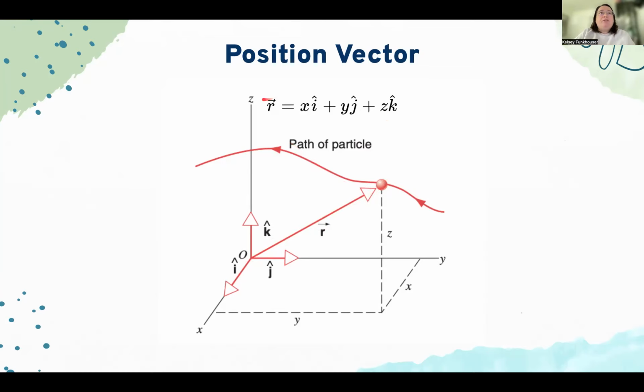It's also written in unit vector form up here, where r equals x times i hat plus y times j hat plus z times k hat. And you can also see with this example that x, y, and z represent the values of the position along those axes. So that's what these dashed lines are, showing that along the x-axis, which is this one, x is the value of the x position there, and likewise y and z for the rest.